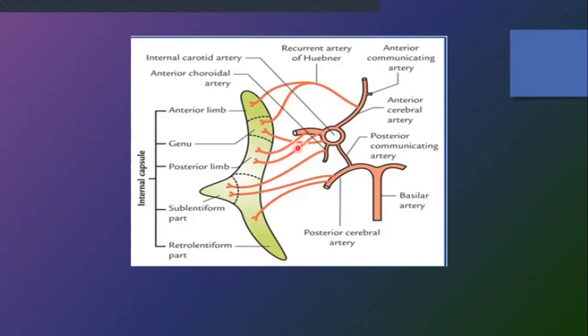One of them supplies the posterior limb, is susceptible to hemorrhage and usually ruptures, so it is known as Charcot's artery of cerebral hemorrhage. Then you can see some branches from the posterior cerebral artery. Then you can see some direct branches from the internal carotid artery which supply the genu.